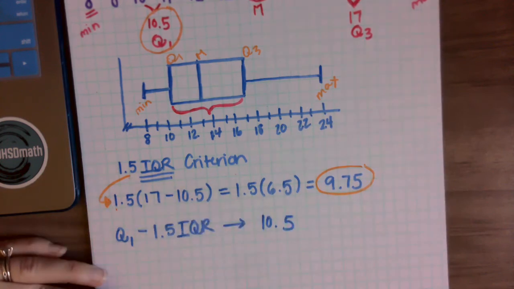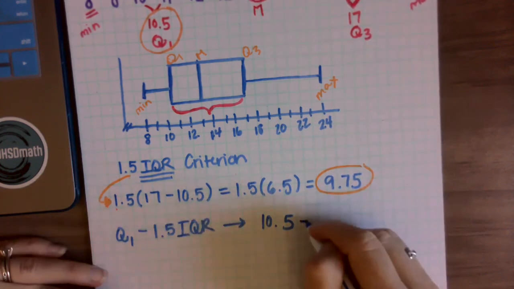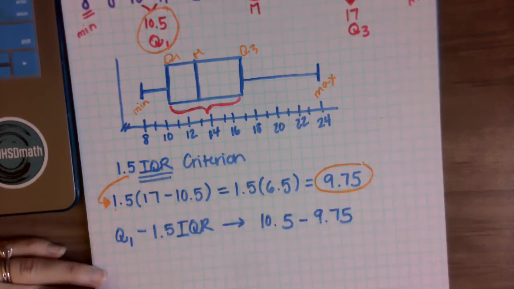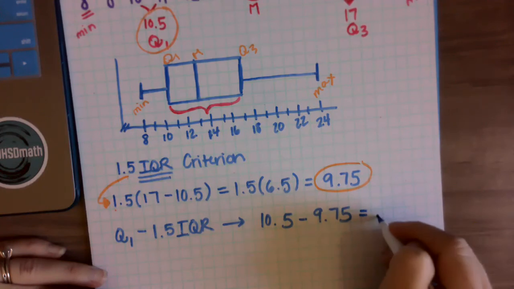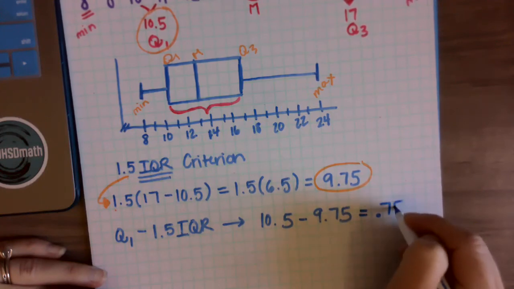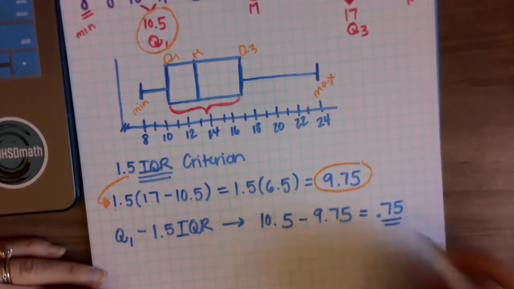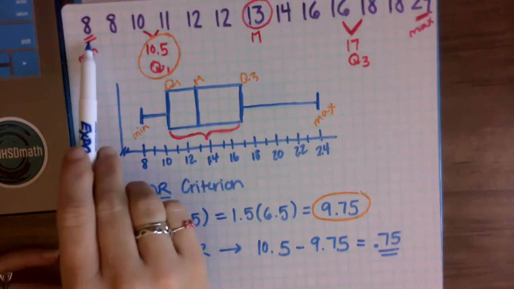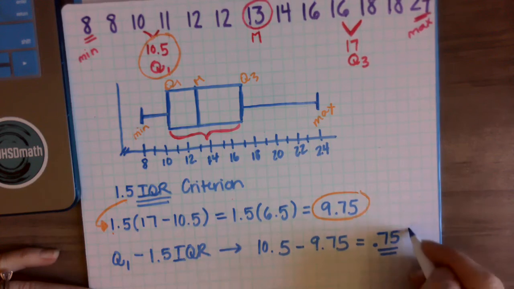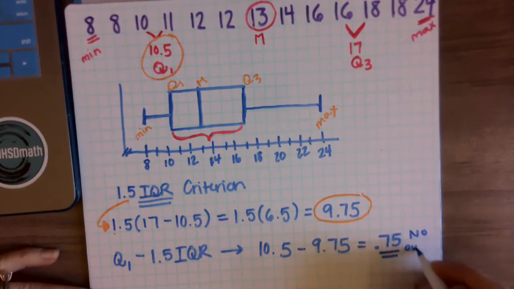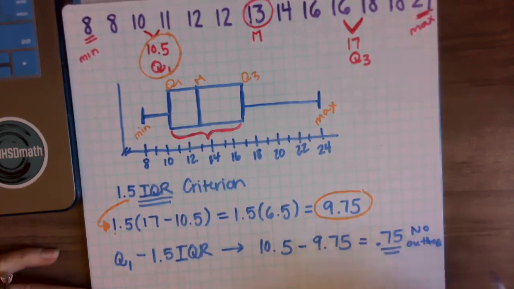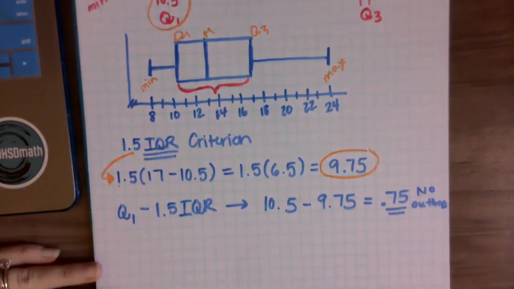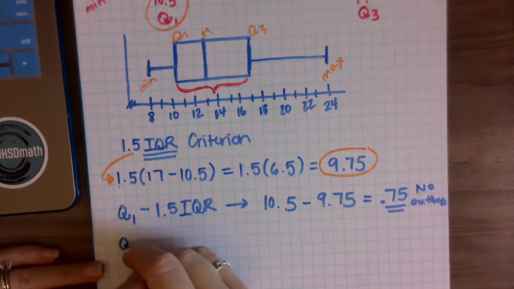I'm going to take 10.5 minus my 9.75, and that gives us 0.75. There are no values lower than 0.75. In fact, our lowest value is 8. So there are no outliers on that side, but I didn't really suspect any there anyway. Let's do the other side.